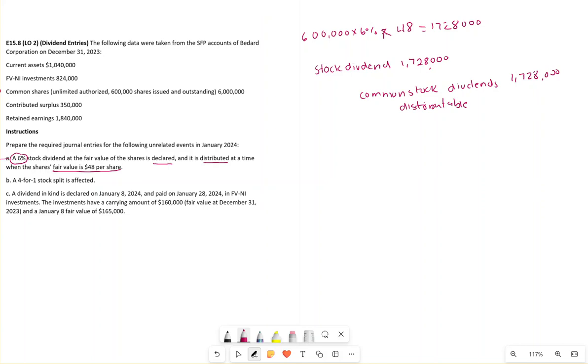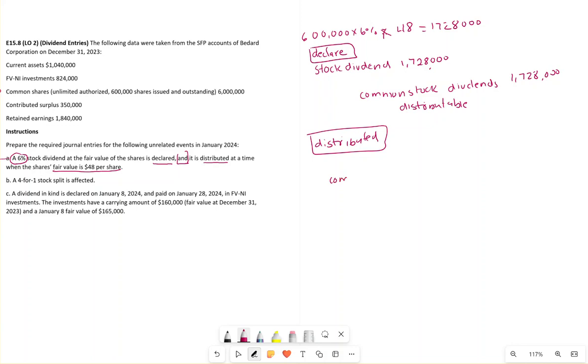So this is at the time you declare a dividend, and the question asked us to declare and distribute. If you distributed it, we will have to do a second entry because they said and distributed.